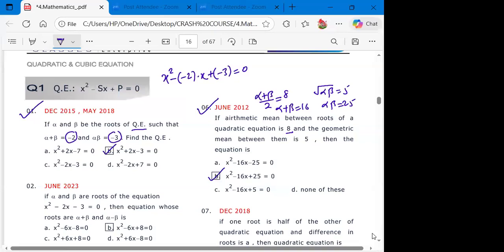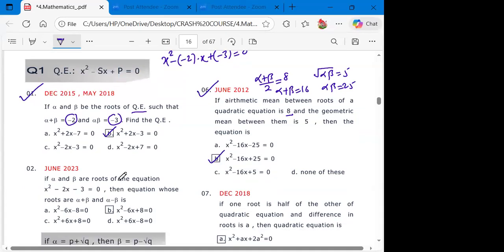Those who are good in middle term factors, just see the board. If this is the equation, can I say, sir, its middle term factors will be like this: x minus 3 into x plus 1 is equals to 0. Just see, x square minus 2x minus 3, its middle term factor will be x minus 3 into x plus 1 equals to 0.